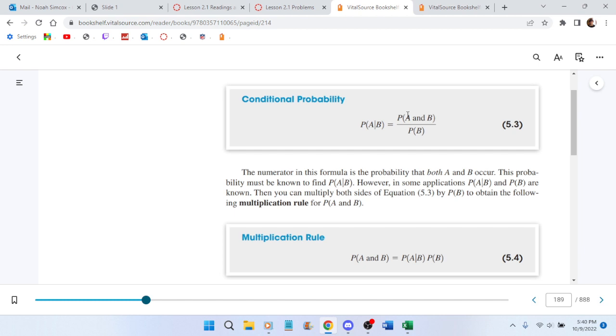What is the probability of selecting somebody who prefers light beer and they are a blue collar worker, divided by the probability that you will select a blue collar worker?